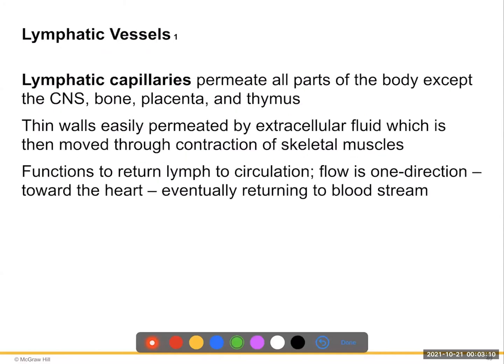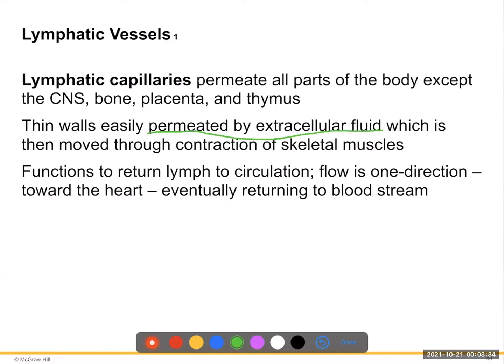Lymphatic capillaries permeate all parts of your body except the central nervous system, the bone, placenta, and the thymus. Those are the only exceptions to where the lymphatic system does not permeate. Lymphatic vessels have thin walls, easily permeated by extracellular fluid, which then moves through the contractions of skeletal muscles.